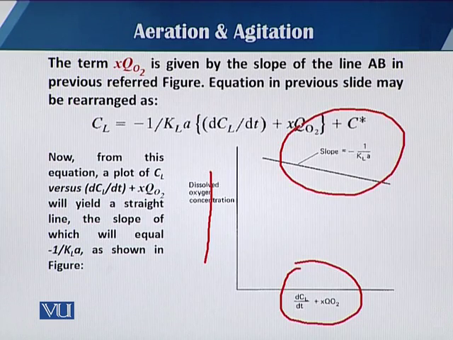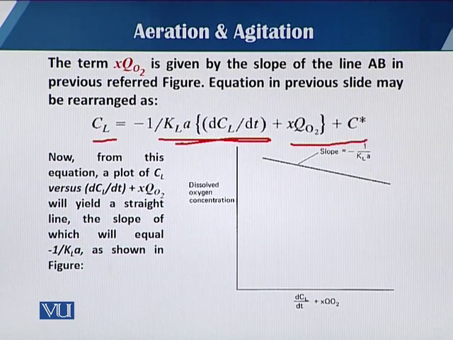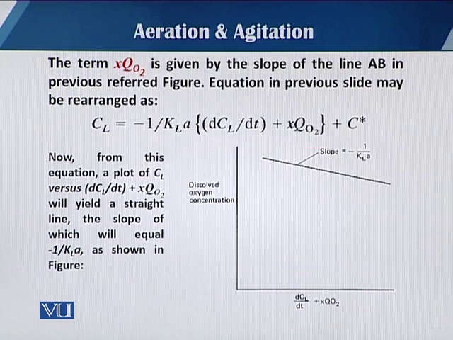This is simply the Lineweaver-Burk plot equation. If we plot CL versus dCL over dt, then we can easily calculate KLa. This is also known as the Lineweaver-Burk plot equation, and it can be utilized for the estimation of KLa.